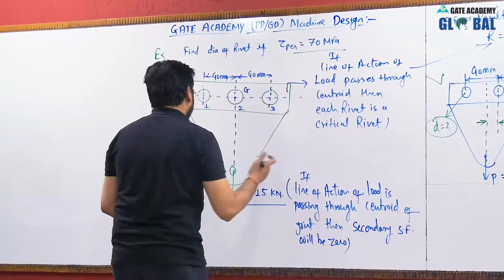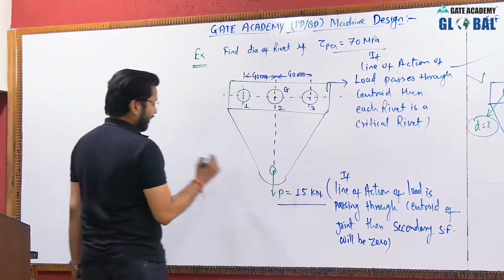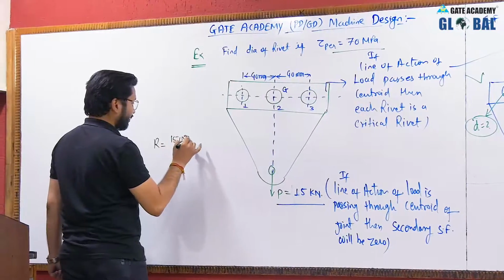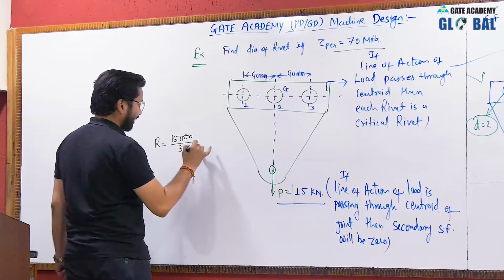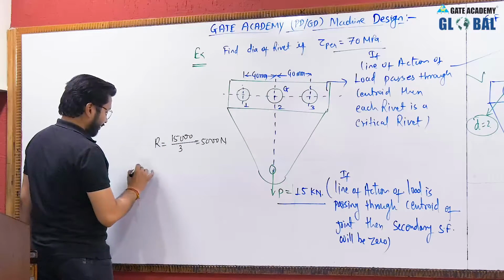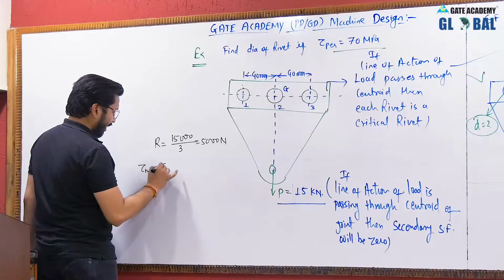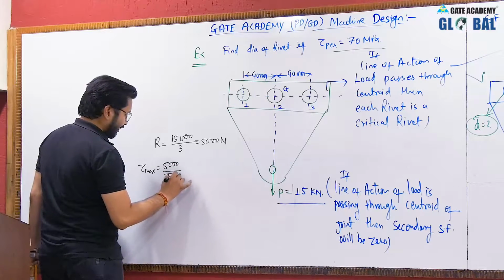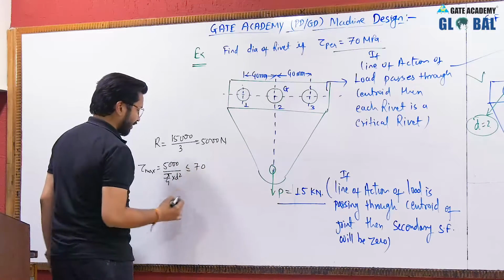Here the resultant force will be P by N, that is 15,000 Newton divided by 3, that is 5,000 Newton. So tau max will be equal to 5,000 divided by pi by 4 d square, and this should be less than or equal to the permissible shear stress.